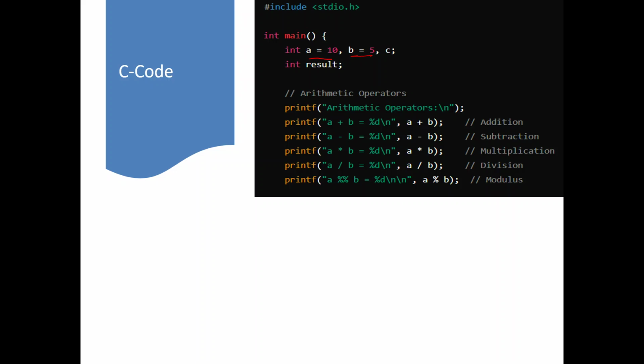For the arithmetic operators, we have used printf. First is to print the statement, the arithmetic operators. The second printf is used to perform the summation or plus operation. Then the second one is the subtraction, then multiplication, then division, and the modulo operator, right?